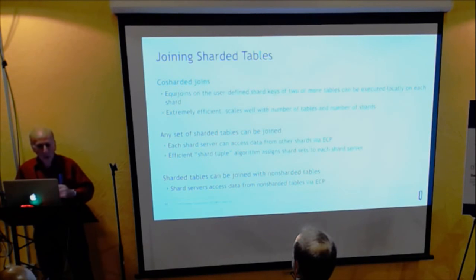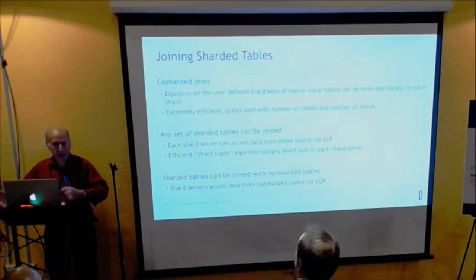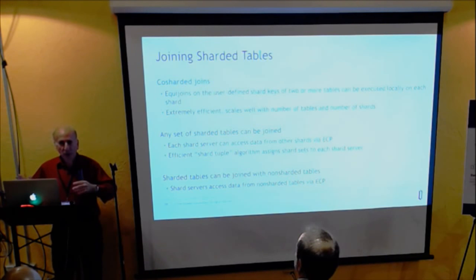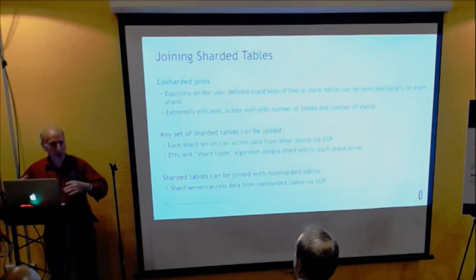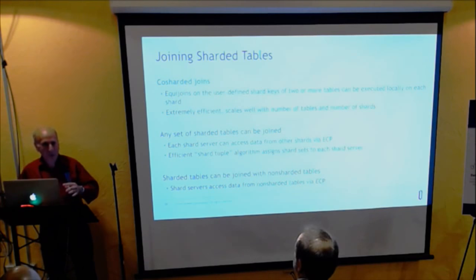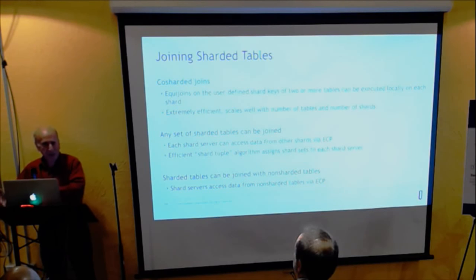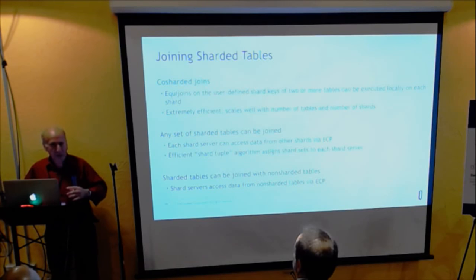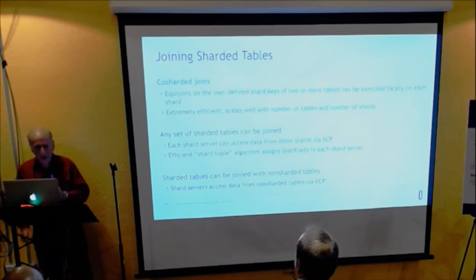And then we also give the option of joining sharded tables to non-sharded tables totally transparently without requiring replicating the table. So among these three techniques, as you plan your schema for your application needs, just as you might have to plan your indexes or plan other aspects of your schema design to suit your application, you can plan how to lay out your tables to have the join techniques that you need.